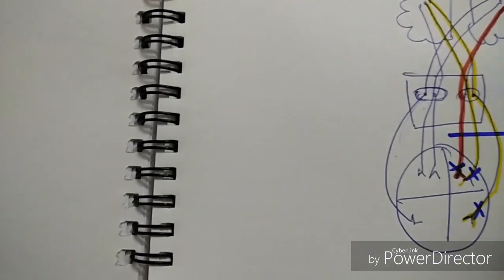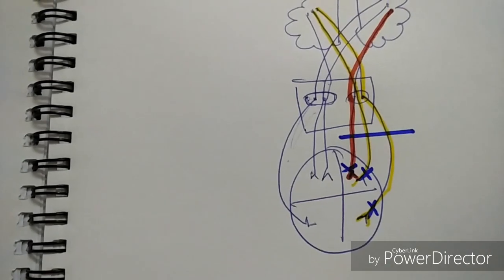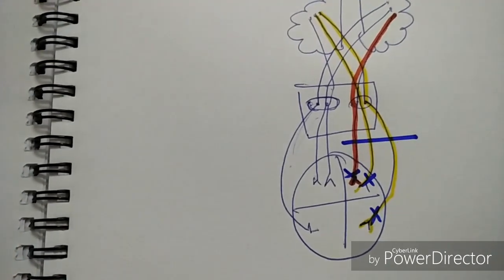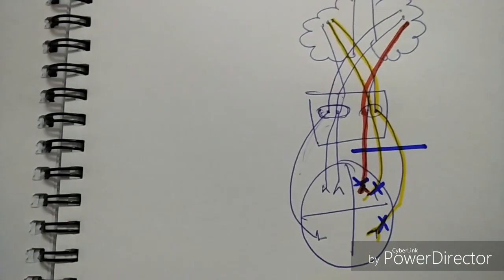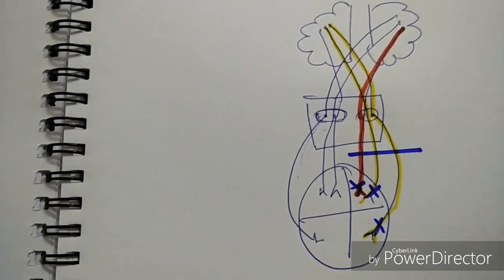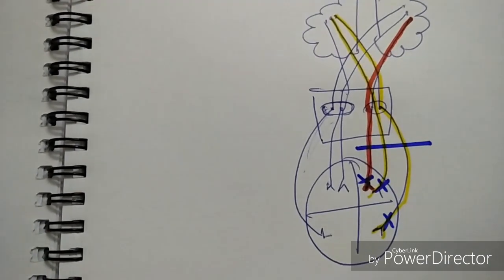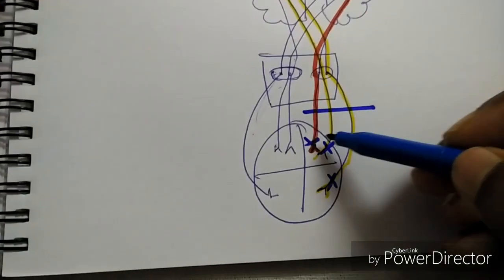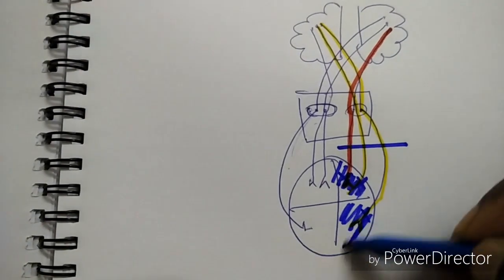And there is nothing to compensate, because what was the advantage before became the disadvantage here. The crossing happens above the level of facial nerve nuclei, so whatever is down is lost forever, because the crossed fibers are also in the same bundle, and after they are cut, there is nothing to compensate. Now, this part of the face is affected, and this part of the face is also affected.